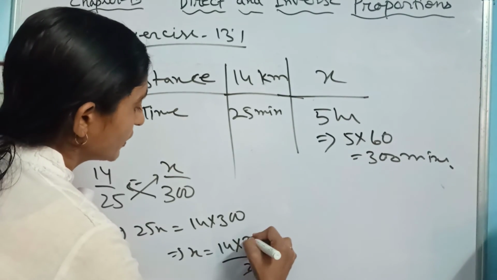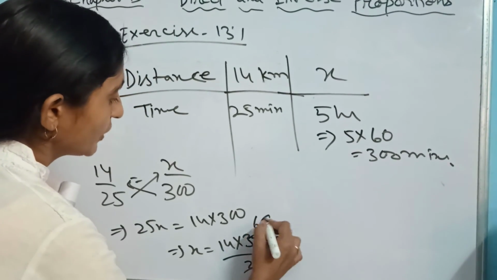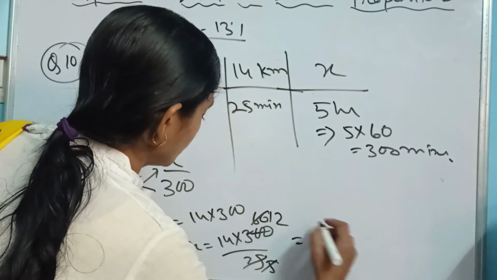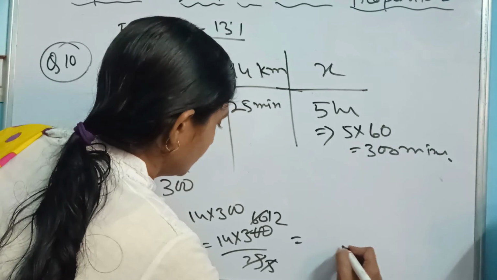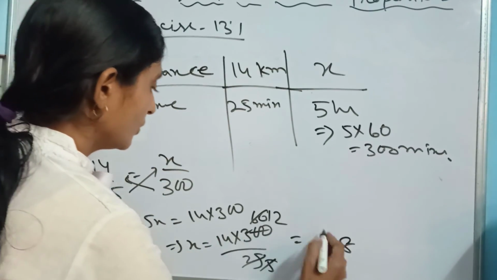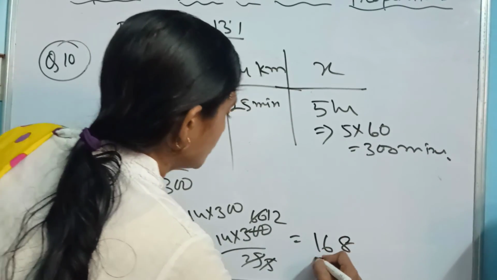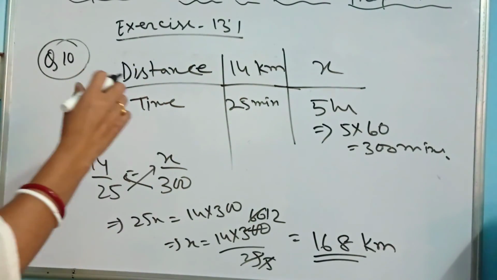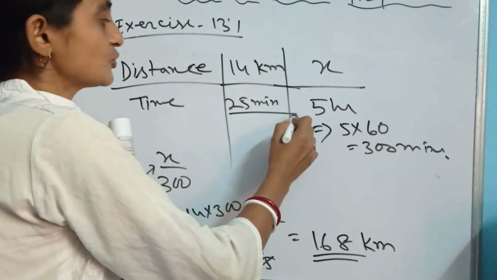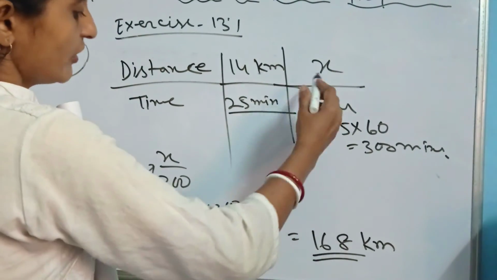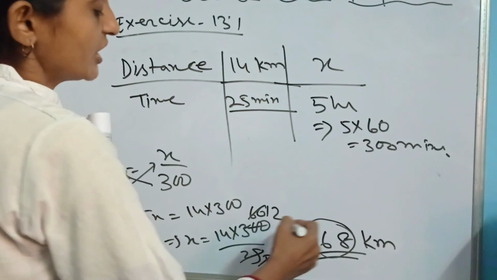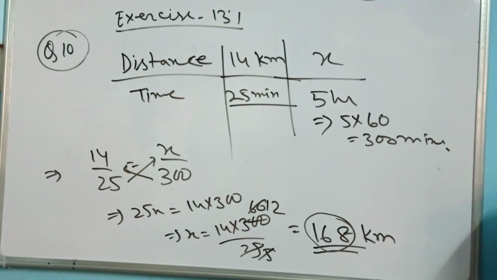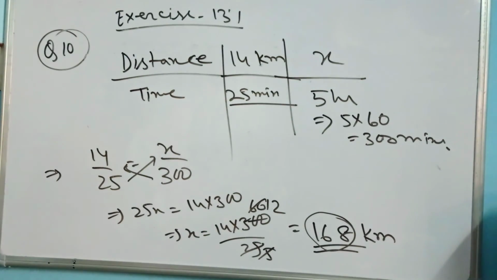That gives 14 into 12, which is 168 kilometer. That means if this truck is moving at a uniform speed, in 5 hours it will travel 168 kilometer. This is the answer. I hope you can solve all the questions of this exercise. Let's hope for the best. Try.